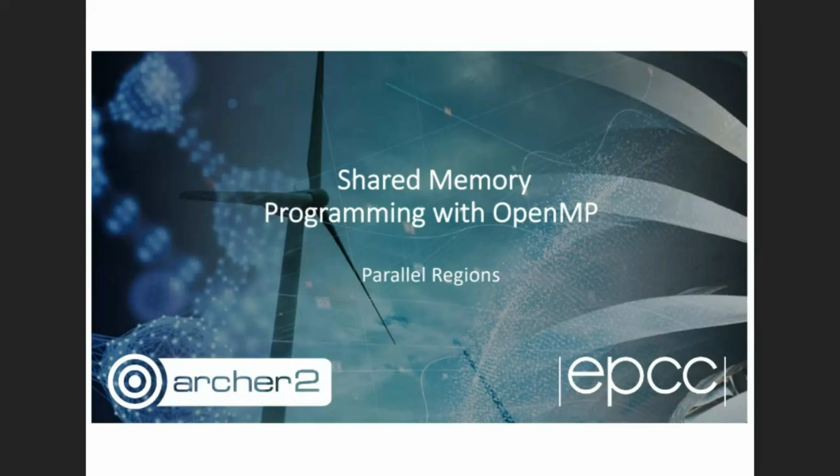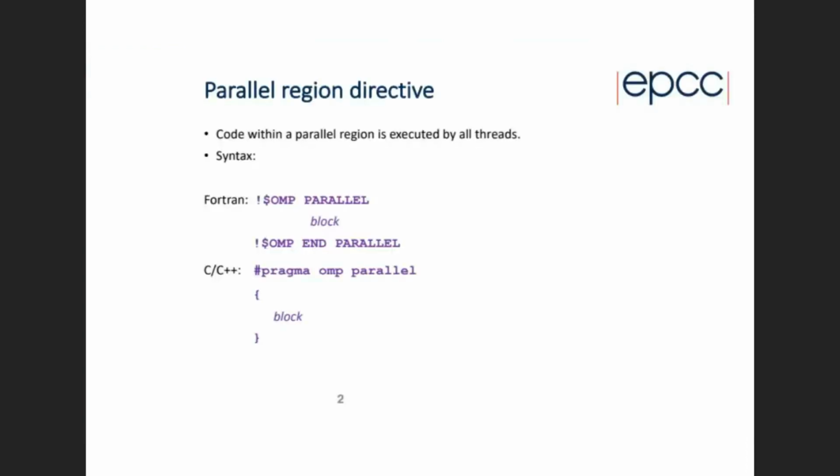Now we're going to look at some actual syntax for OpenMP parallel regions and how they work. So the parallel region directive: remember that the code within a parallel region is going to be executed by all threads. So syntax looks like this.